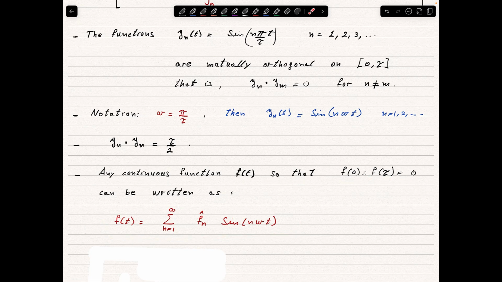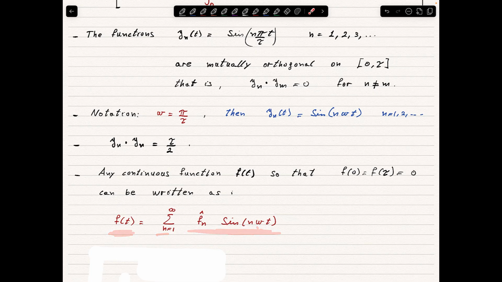And now here, once we have a function that is periodic, it can be written in terms of an addition of this quantum of vibrations.